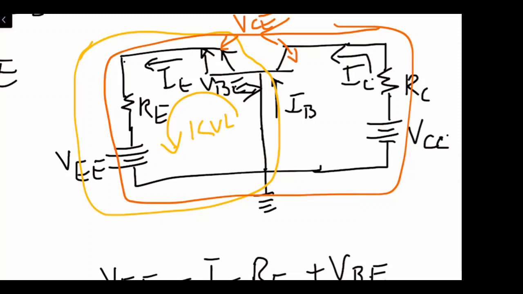Then I move across, and then I have the biasing source VCC, and then I have the drop across the collector resistance, which is RC. Are you getting it now? Yes, sir. The one which I have marked with a different color, right?